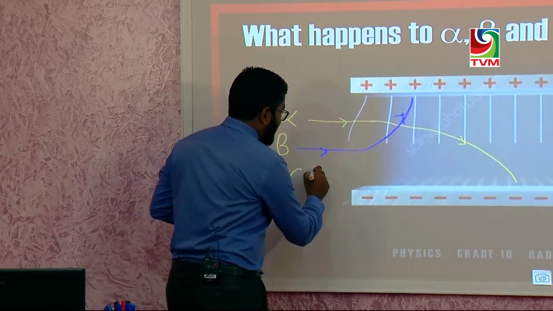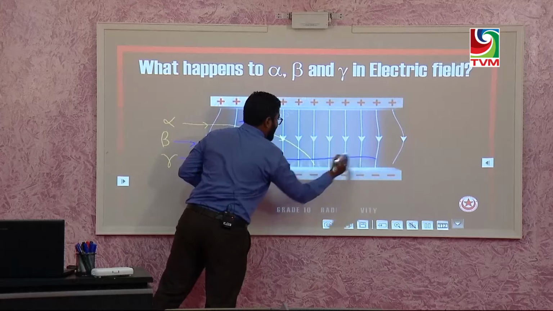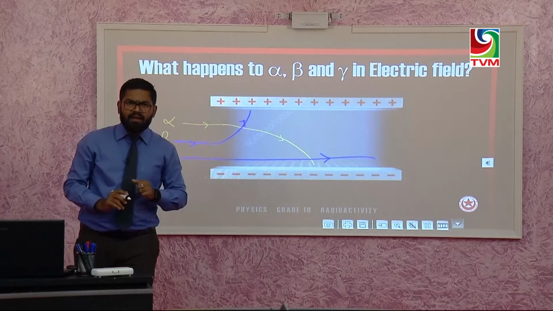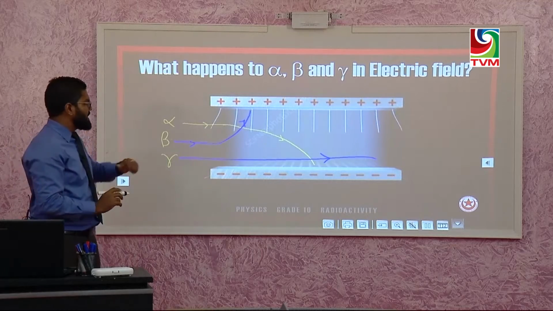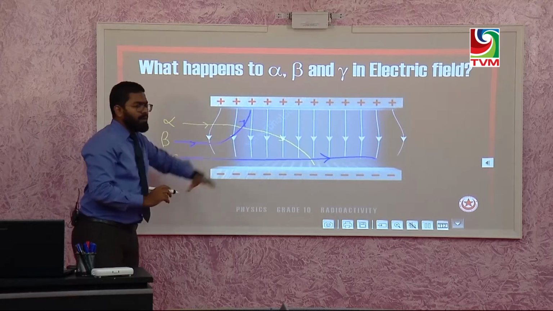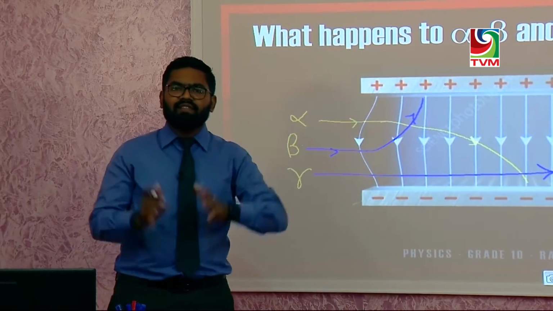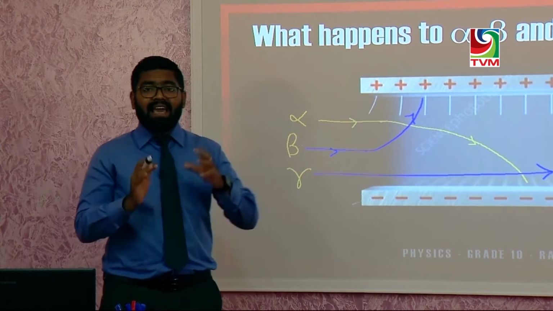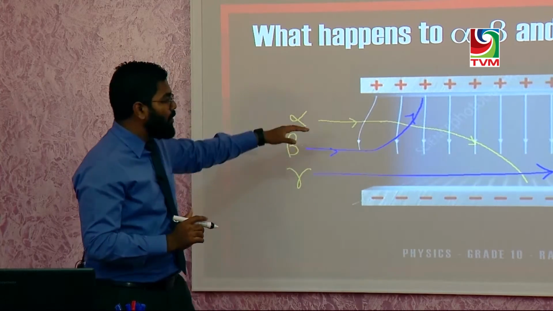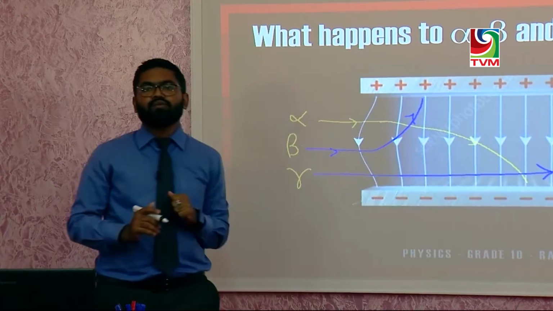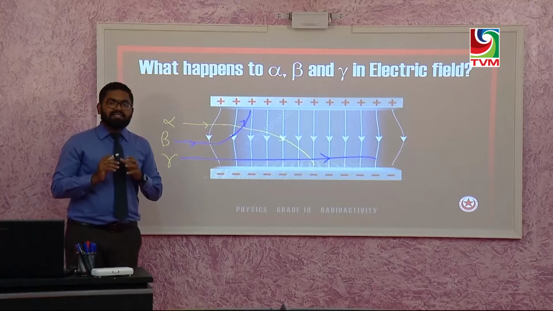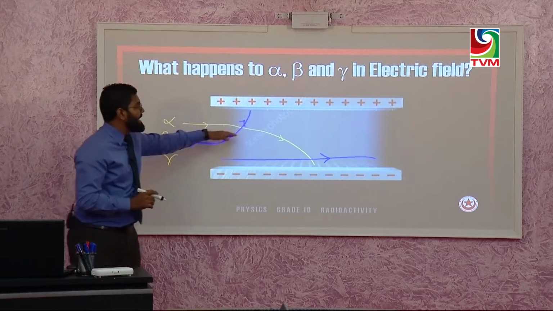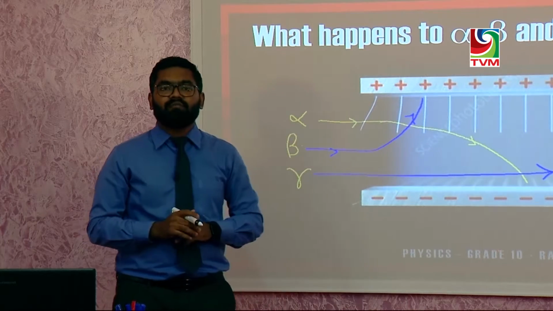Therefore, gamma rays move straight through the electric field without any deviation. You might notice that the angle at which alpha and beta are deflected is different. Alpha, due to its heavy size, takes a long time to get attracted towards the negative plate. But since beta particles have a very low mass, they get easily attracted towards the positive plate.